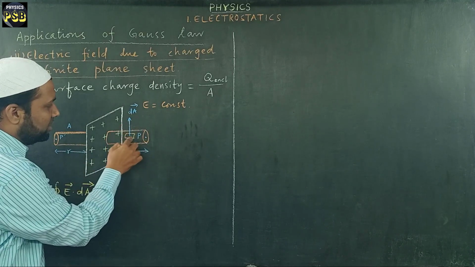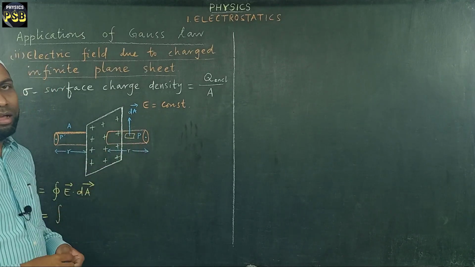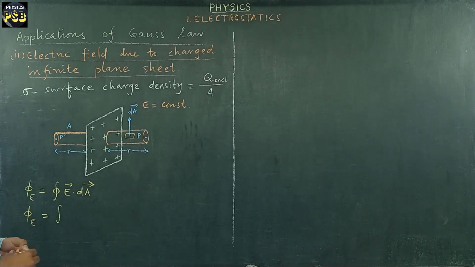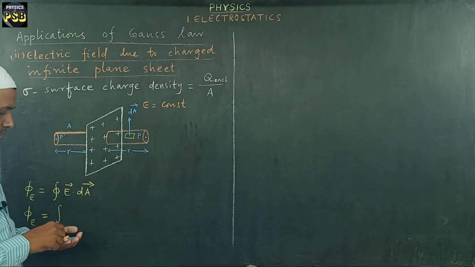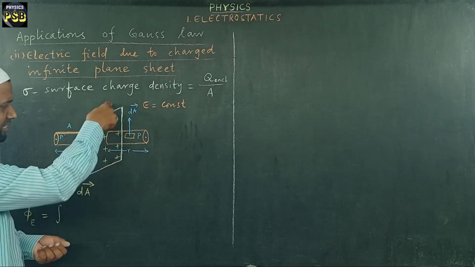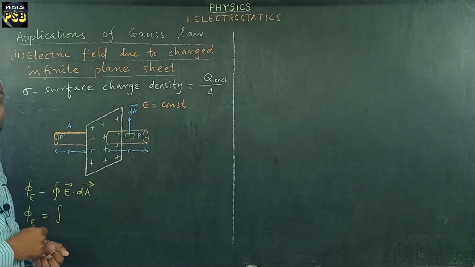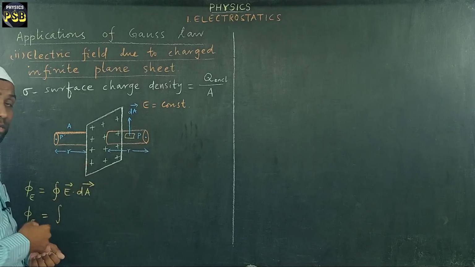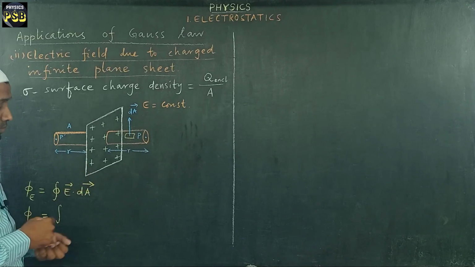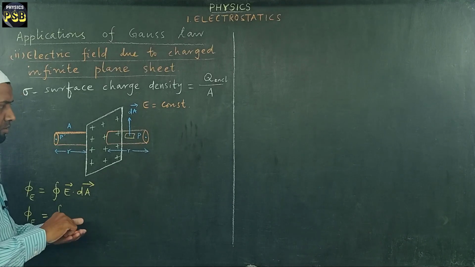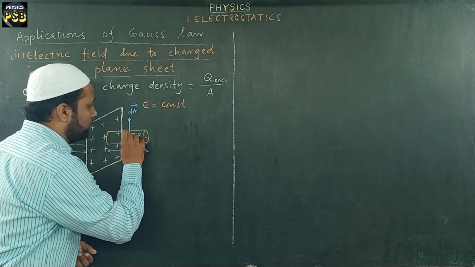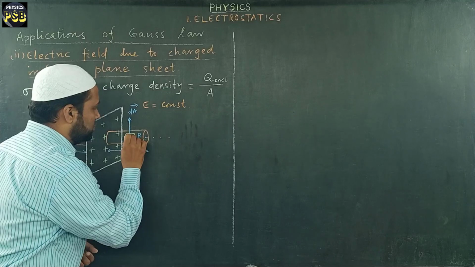Here dA is the area of this element that we have taken. As this charge sheet comprises positive charge, the electric field projects outward in this direction.